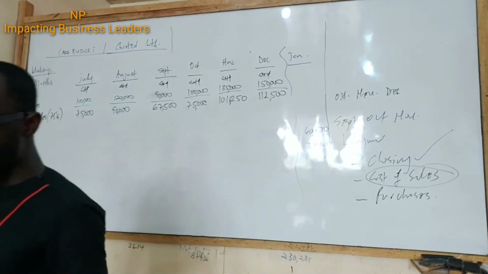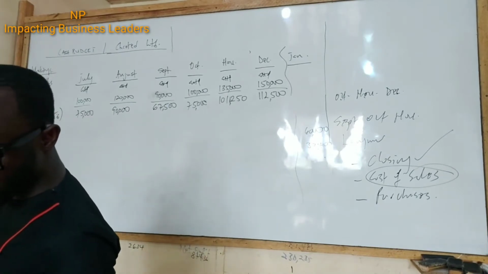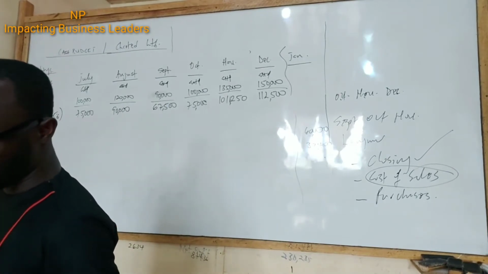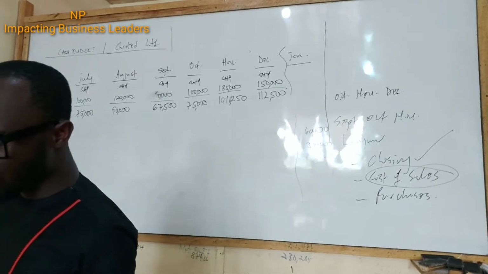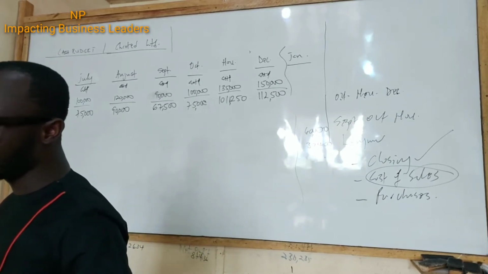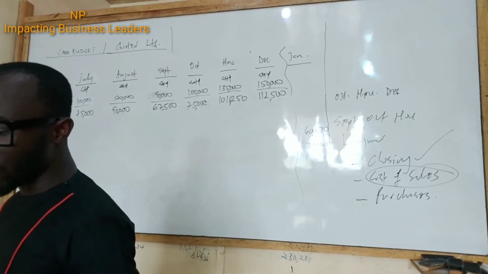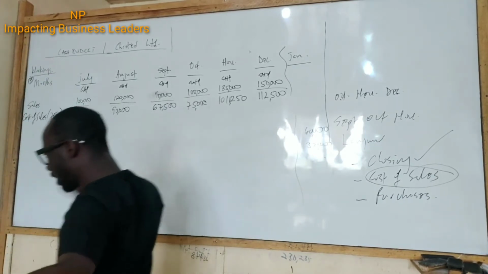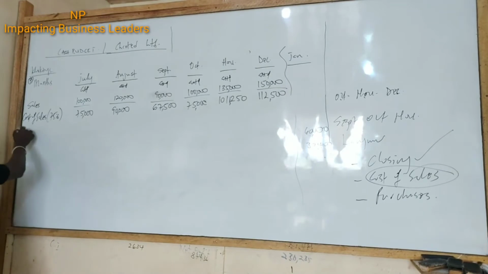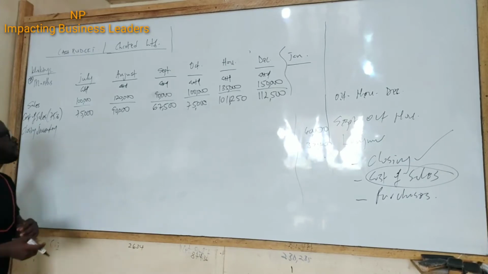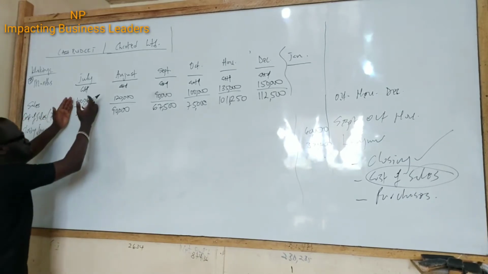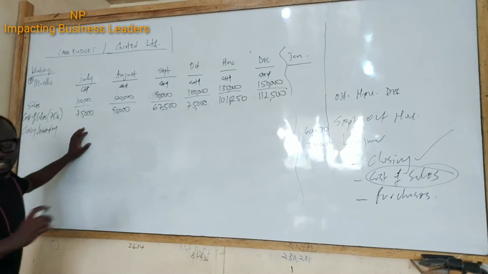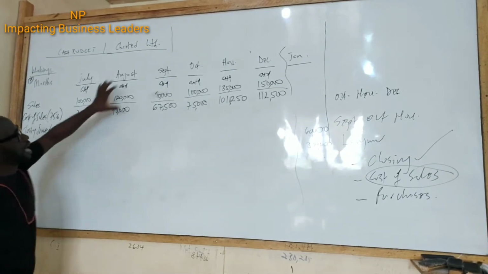Now go back to the question, which said that closing inventory of finished goods each month equals 40% of the cost of sales for the next month. Be careful here. So if I want the closing inventory for July, it is 40% of what?